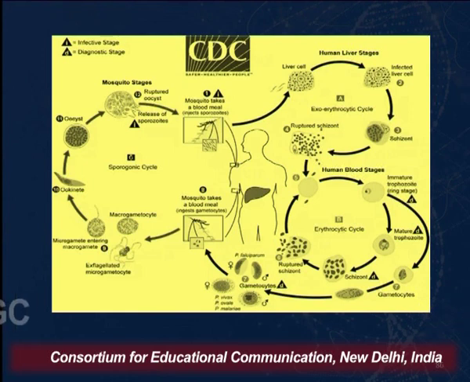As soon as the mosquito bites the human host, it transfers the parasites into the blood circulation of the human. Through the blood circulation, it goes into the liver cell where it divides to form schizonts, and the exoerythrocytic cycle starts taking place.